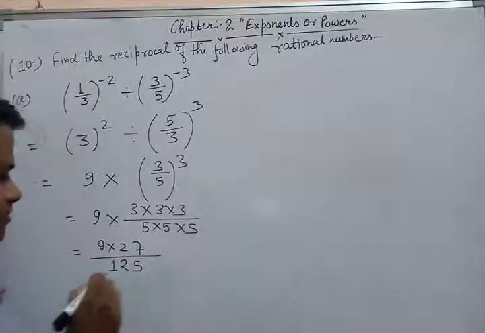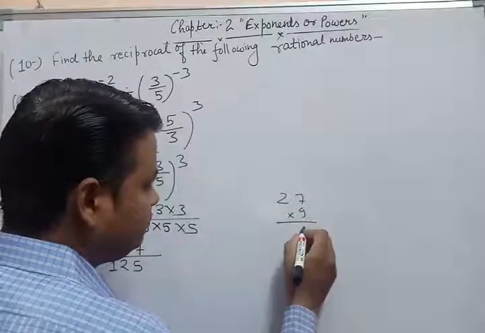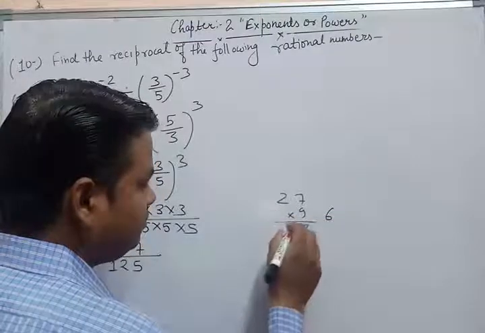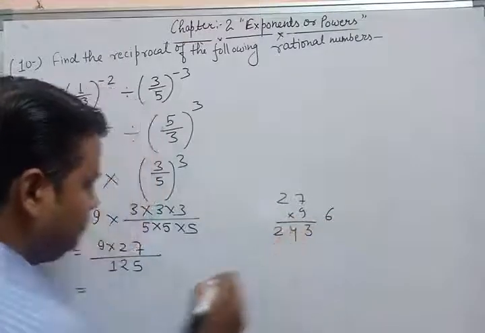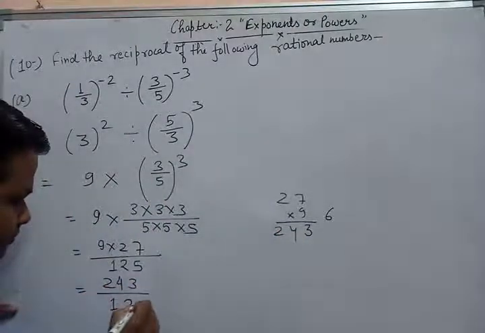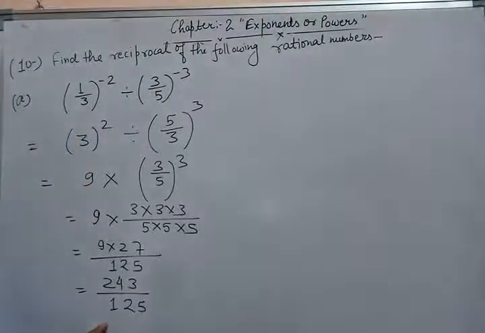Then it can be written as 27 into 9: 9 times 7 is 63, 9 times 2 is 18, and the total is 243 upon 125.